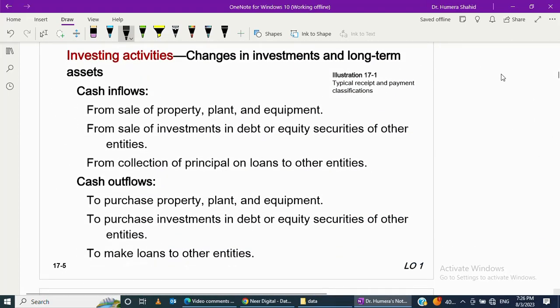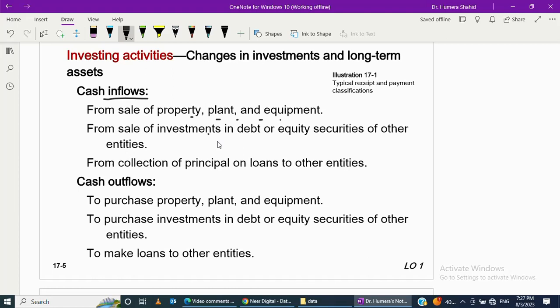As I mentioned in the beginning, non-current assets help you in preparing the investing activity section. So inflows come when you sell your investments, when you sell your property, plant and equipment, then you get the money. So from the sale of property, plant and equipment, you get money. From the sale of investments, those investments you made in debt or equity of other companies, you get the money.